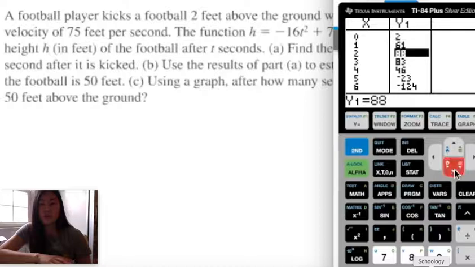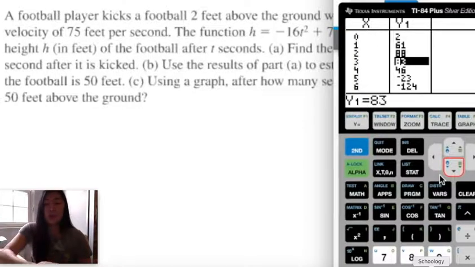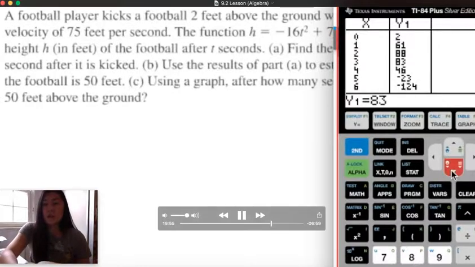The height of the football is 61 feet above the ground after 1 second. After 2 seconds it is 88. 3 seconds is 83, and so on. And obviously we're not going to look at the negative values because height cannot be a negative value. So this is the section that we're going to focus on right now.